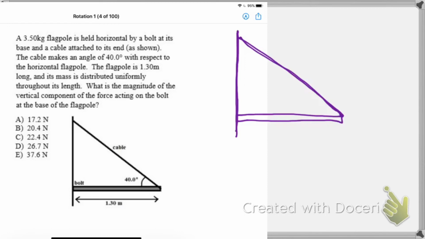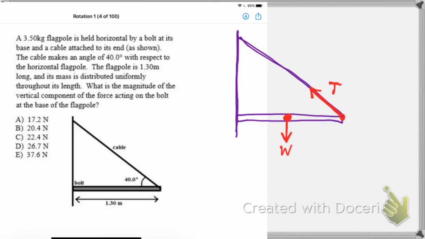The first force, weight. The weight of the flagpole itself. Now, where do you draw that? You draw it at the center of mass, which, for a uniform flagpole, is right in the middle. Right there in the center of it. We have a tension. Oh me, oh my.